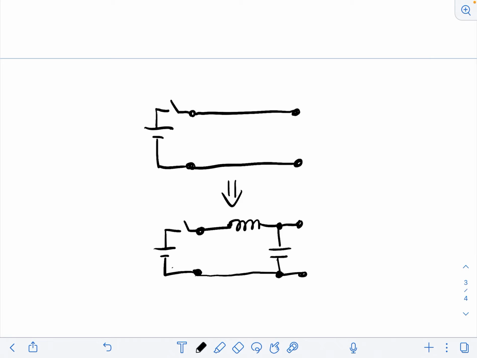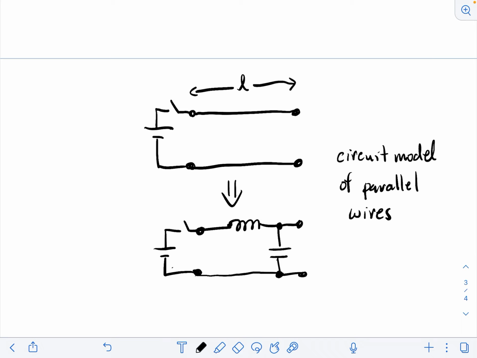And we have a series inductance because that controls how the current evolves with time. This is our simple circuit model of parallel wires. If the length of our parallel wires was L, then the total inductance would be the inductance per unit length times L, and the capacitance would be the capacitance per unit length times L.